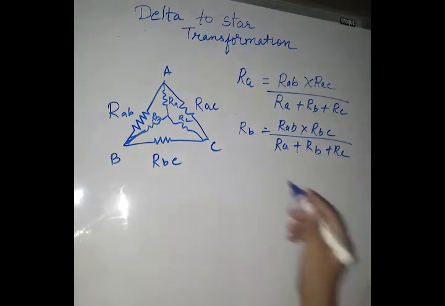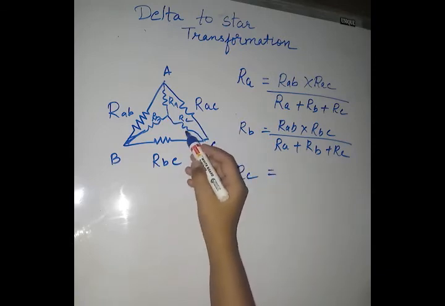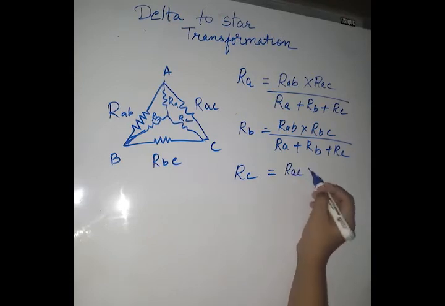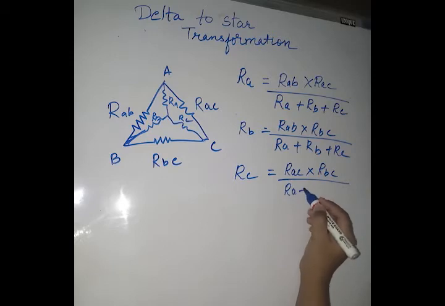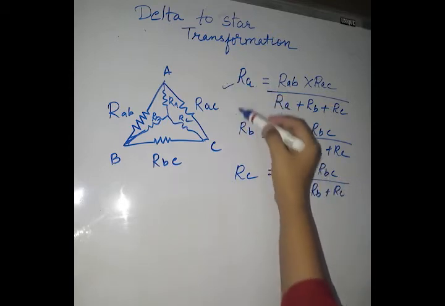And similarly for RC, product of its adjacent resistors, that is RAC into RBC divided by RA plus RB plus RC. So this was the trick to memorize in order to find delta to star connection. Now we will derive these formulas, how it came.